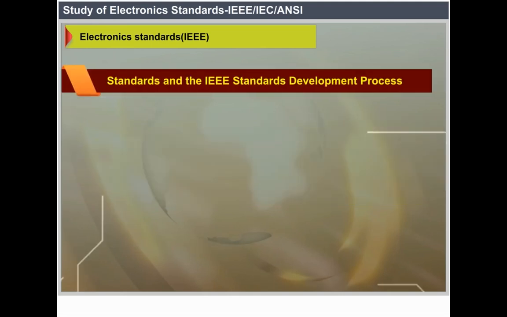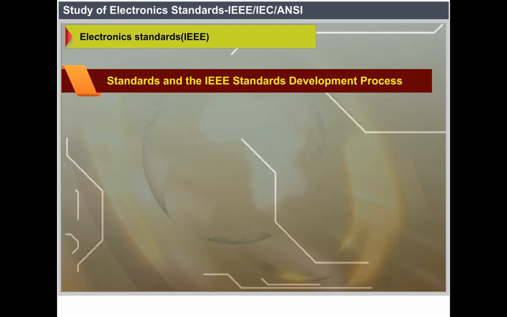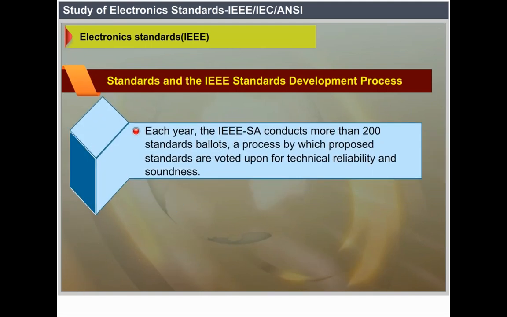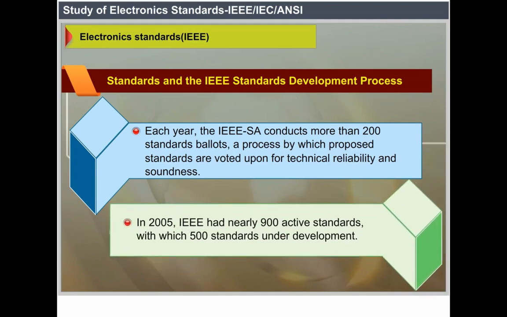Standards and the IEEE standards development process. Each year, the IEEE SA conducts over 200 standards ballots, a process by which proposed standards are voted upon for technical reliability and soundness. In 2005, IEEE had close to 900 active standards with 500 standards under development.